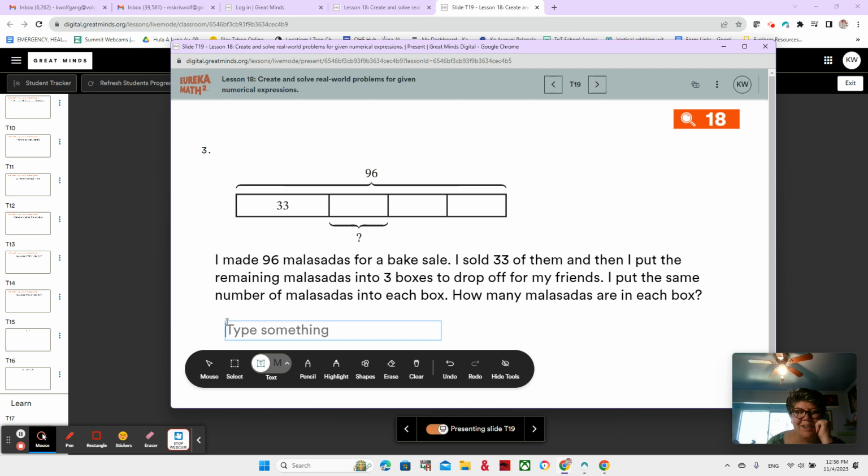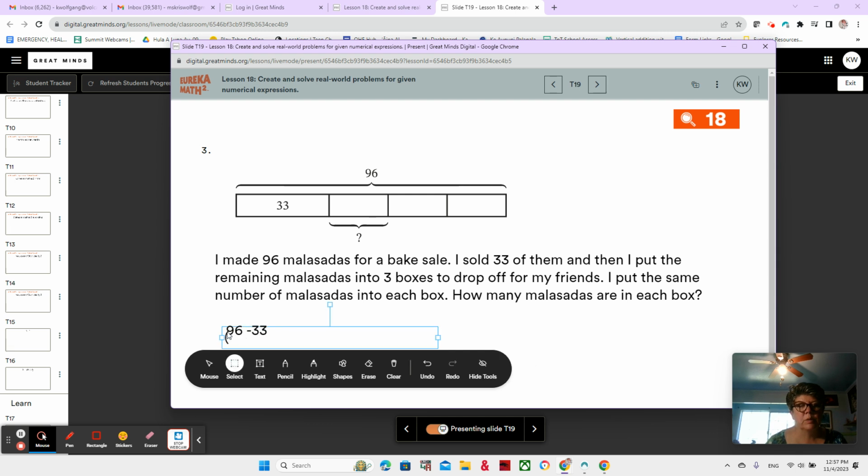Okay, so our expression would be 96 minus 33, right? And that would need to be in parentheses because I need to do that first. Oh, what happened here? Somehow it got moved down a little bit.